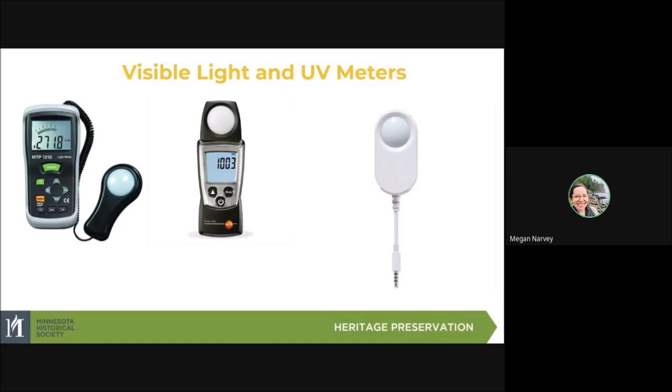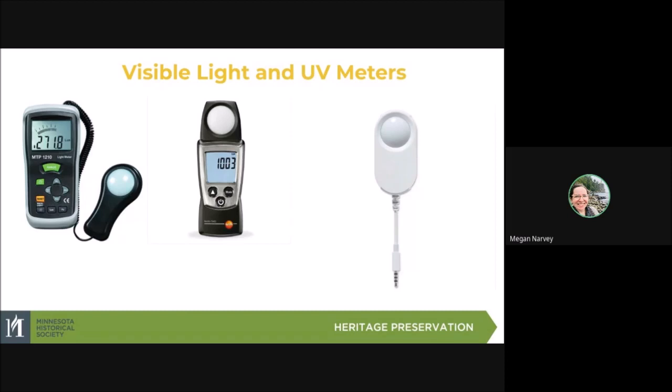Moving on, this little gadget looks similar, but it's actually an add-on piece to a data logger, like a temperature and relative humidity data logger. The previous two that I showed you are spot checkers, whereas this add-on piece is a continuous light monitoring system.